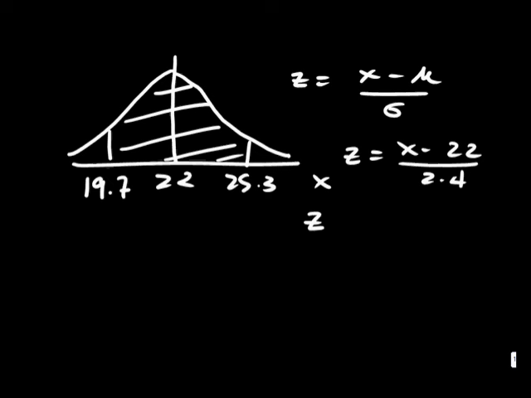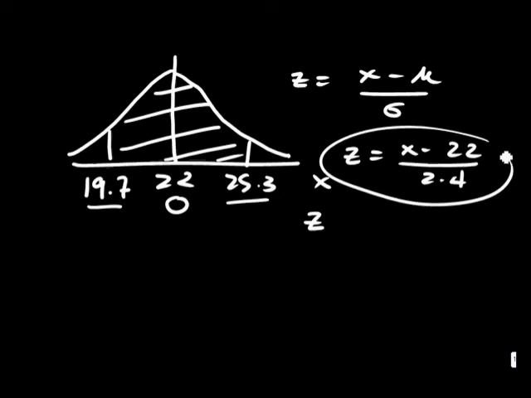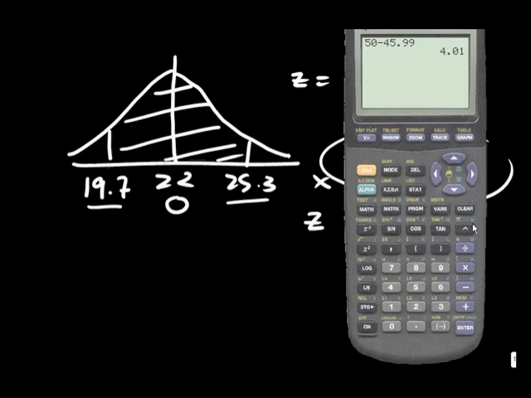The center, or the mean of the distribution, 22, easily becomes 0. But what we have to convert is both 19.7 and 25.3 using this conversion formula. 19.7 minus 22 divided by 2.4.